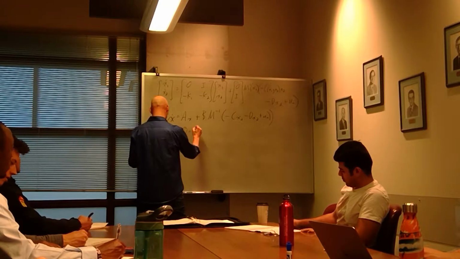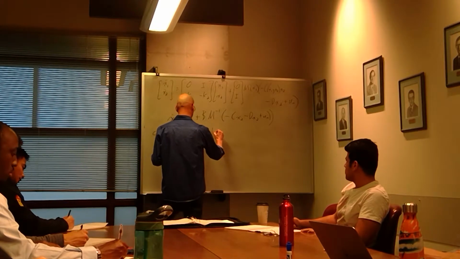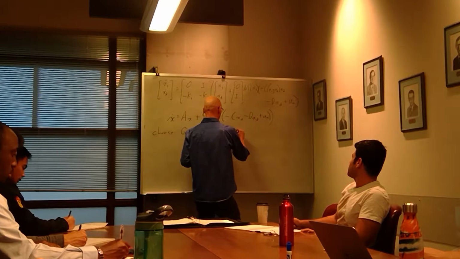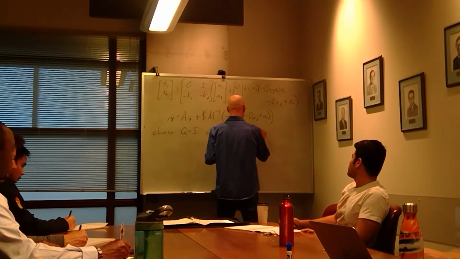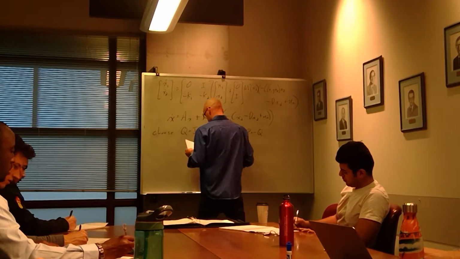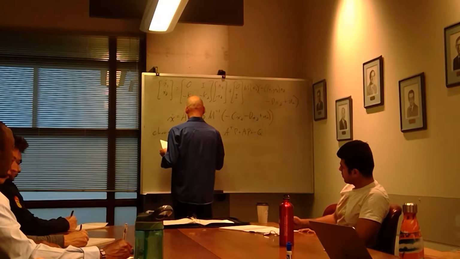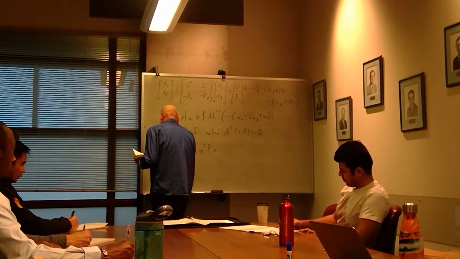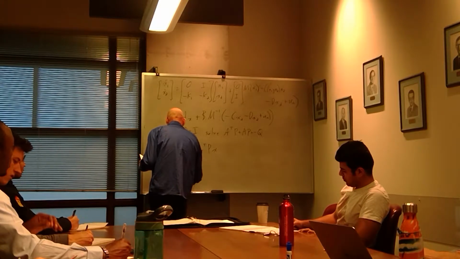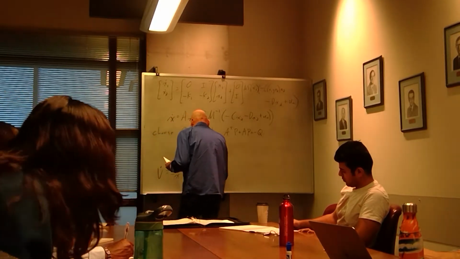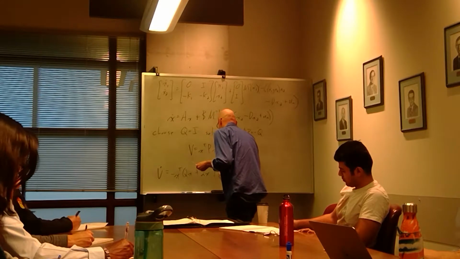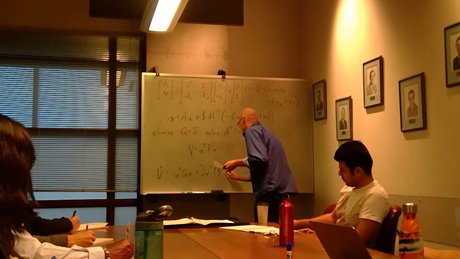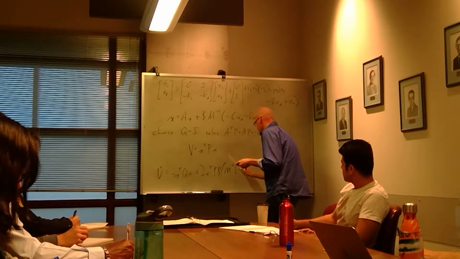Choose Q equal to I and solve A transpose P plus PA equals negative Q. Then I get V equals x transpose Px. Then I get V dot equals minus x transpose Qx plus 2x transpose PB, just applying my formula again that I derived earlier in the course.